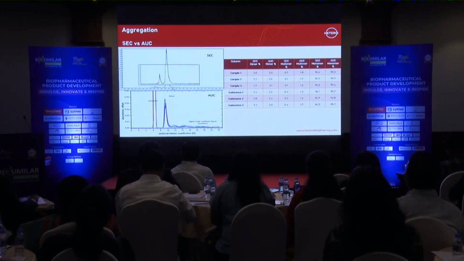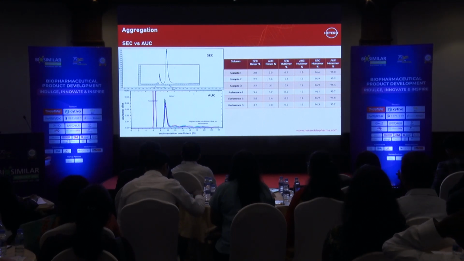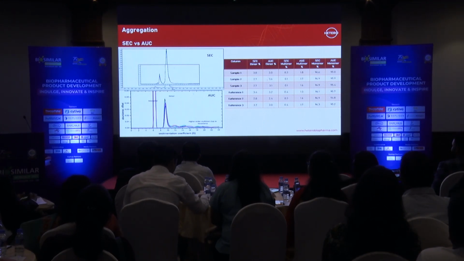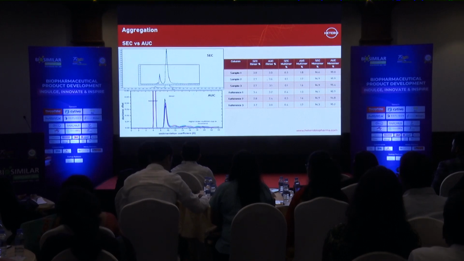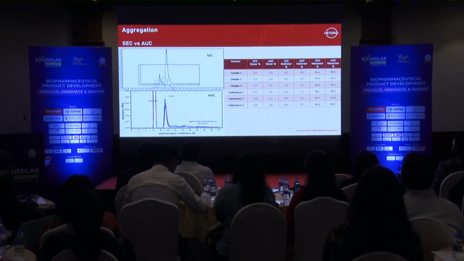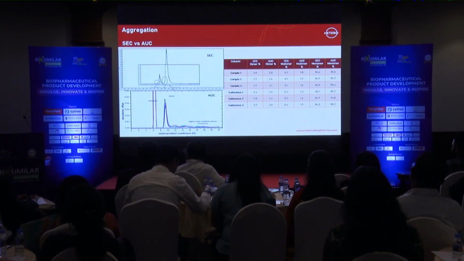So these are orthogonal techniques which have to be evaluated with a pinch of salt in their totality. If you look at SEC, AUC, it does not talk about these smaller pre-peak shoulders or post-peak shoulders. But SEC-MALS can solve this if you get a good resolution in the SEC itself.